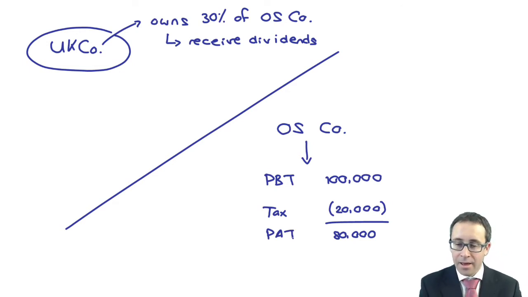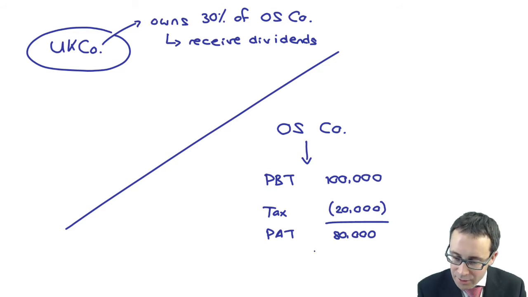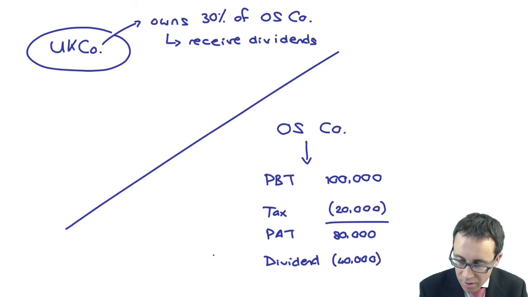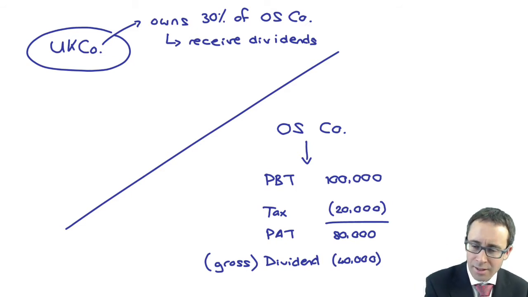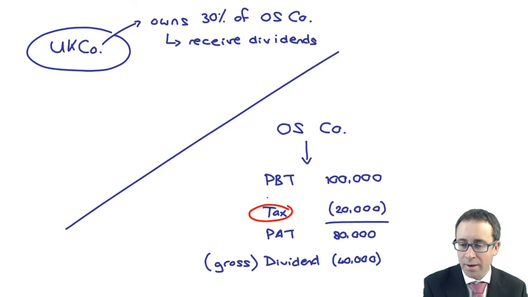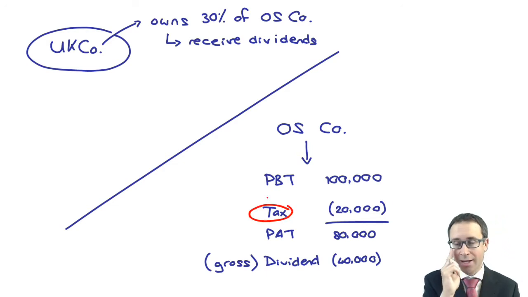Okay, and what then happens there? Let's just say that they pay a dividend. The dividend we'll just say is 40,000. That, if you like, is the gross dividend, isn't it? And that 40,000 has already been subject to tax, hasn't it? We would be able to pay a lot more of a dividend if we hadn't suffered that tax in the overseas company.